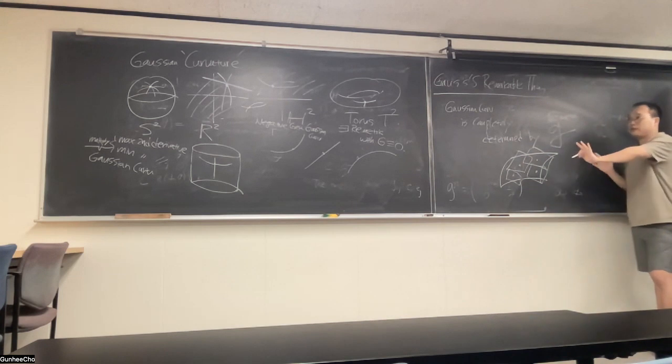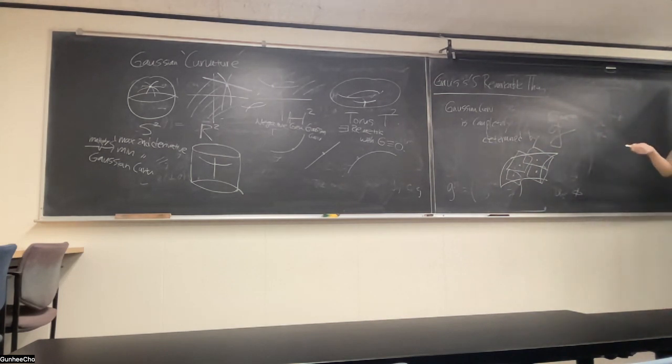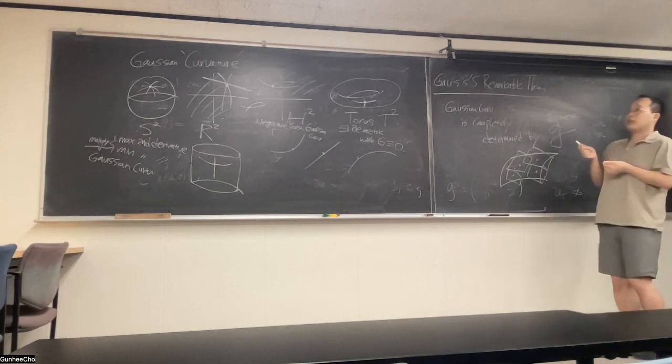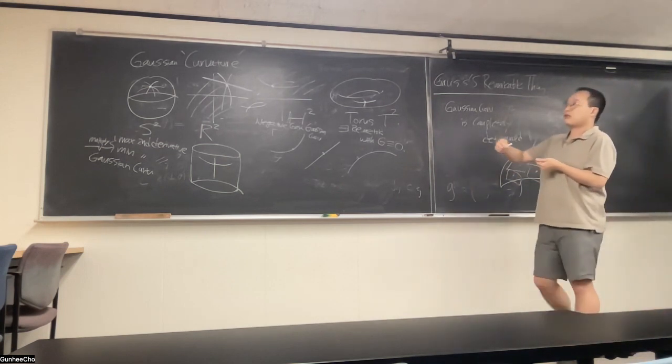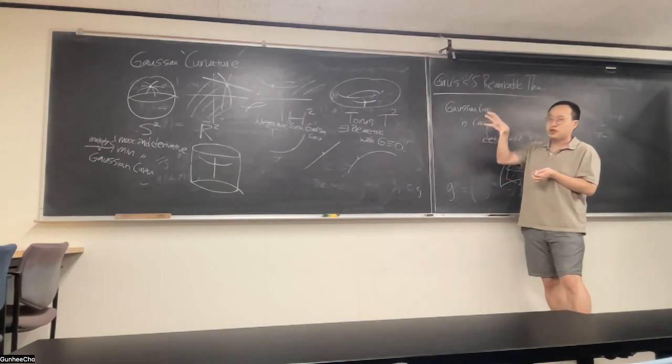Before I erase the board, I want you to appreciate the intuition. From the perspective of calculus, the Gaussian curvature tries to capture the shape of the given surface. Got it?